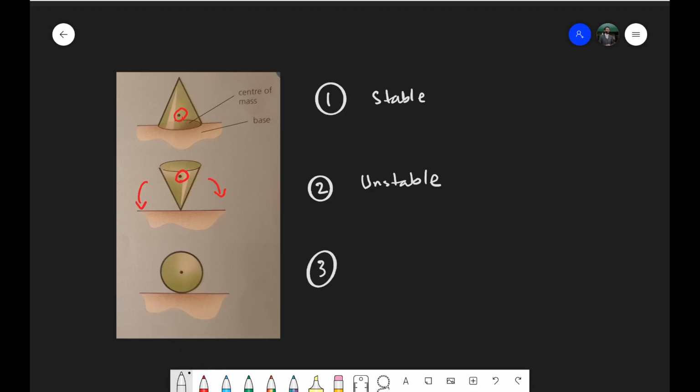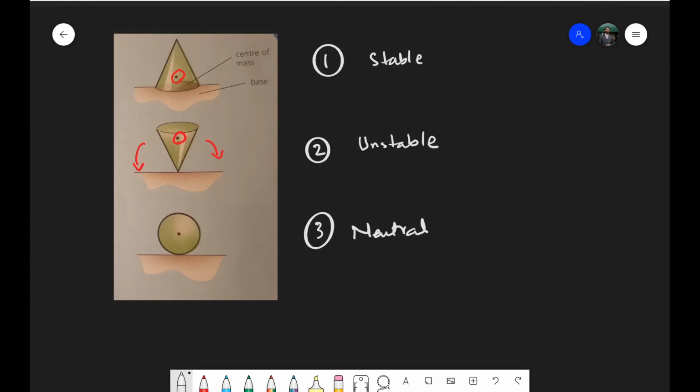The third situation is what you actually call neutral equilibrium. And what happens here is, now that the cone is lying on its slanted surface, you know it's going to roll around like this. It's going to roll either like this or like this, but the center of gravity will always stay above the base. Now again, the base is very small.